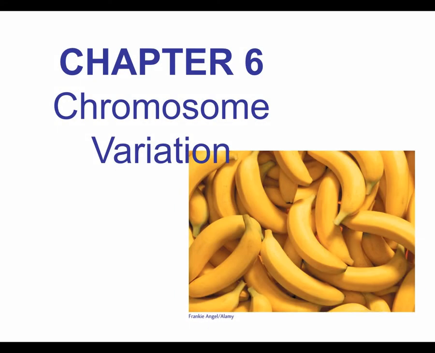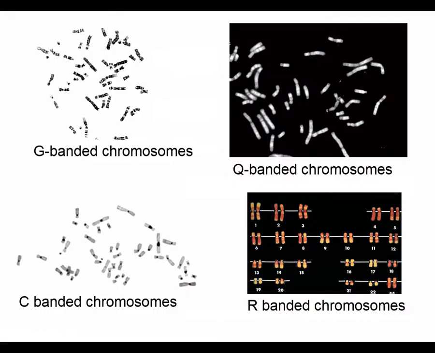So Chapter 6 will cover some topics that you're probably familiar with, different aspects of chromosome variation. All right, there's different types of chromosomes, and we've talked about this a little bit in lab. The chromosomes are classified based on where the centromere is positioned.